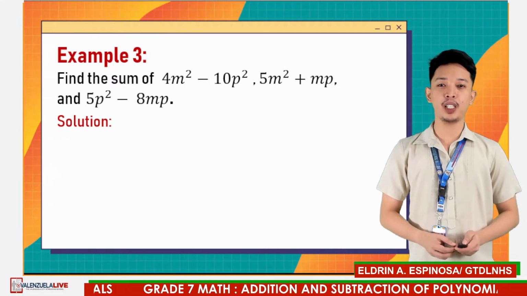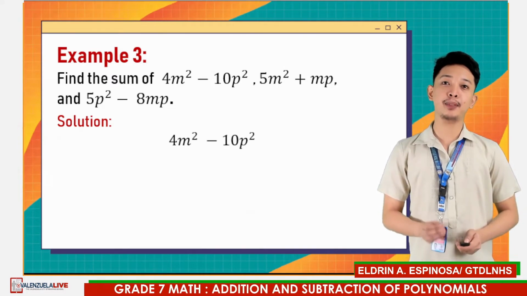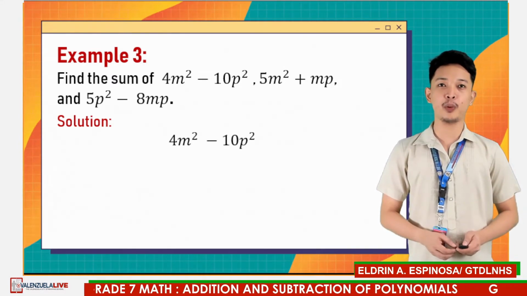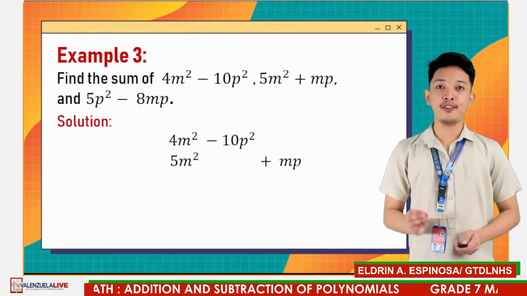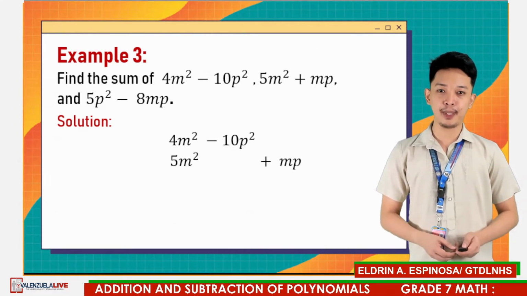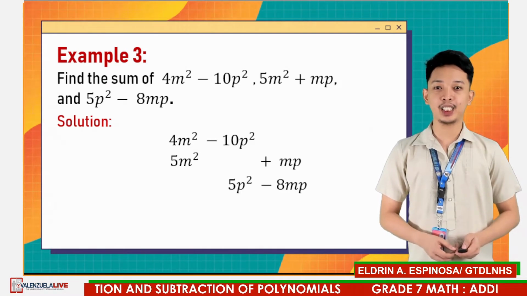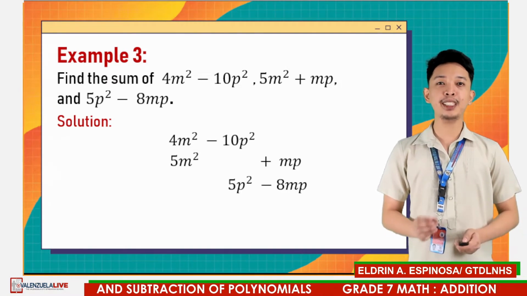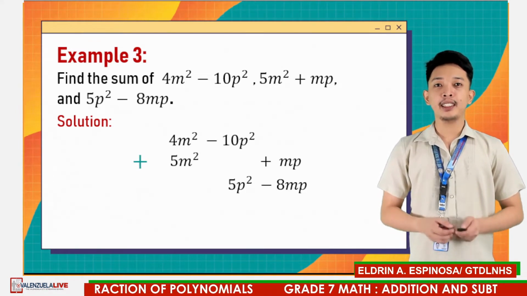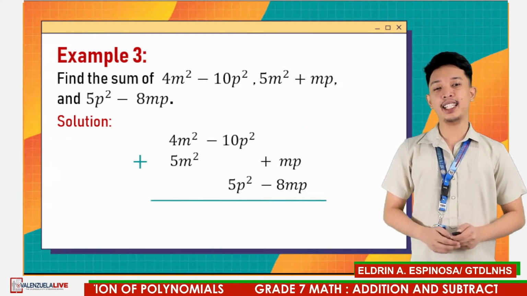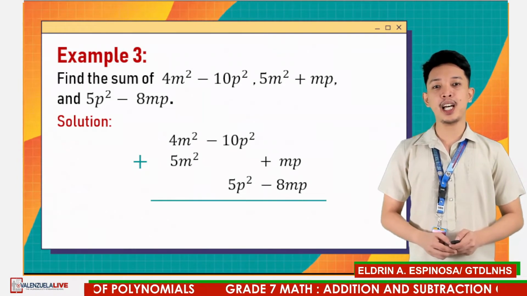Write the first polynomial, 4m squared minus 10p squared. Then add the second polynomial, 5m squared plus mp. Then the last polynomial, 5p squared minus 8mp. Since we're done aligning the similar terms, we can now simplify it.